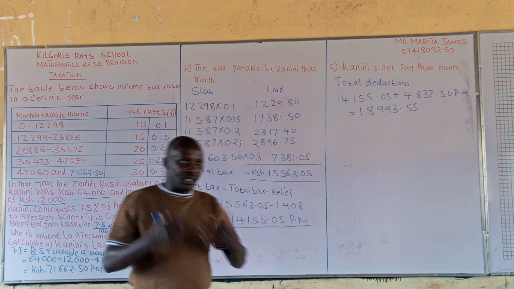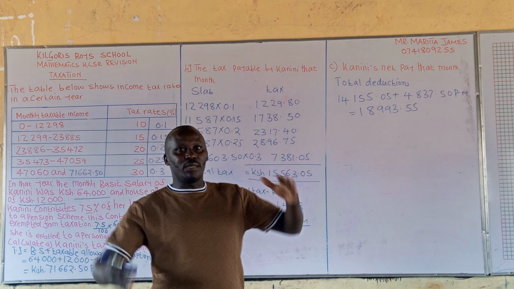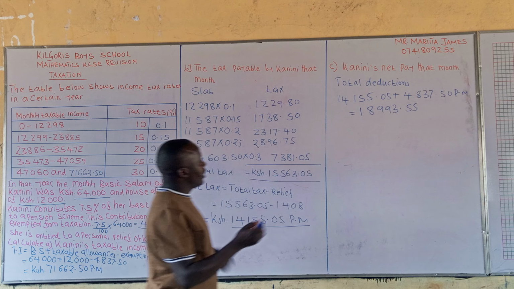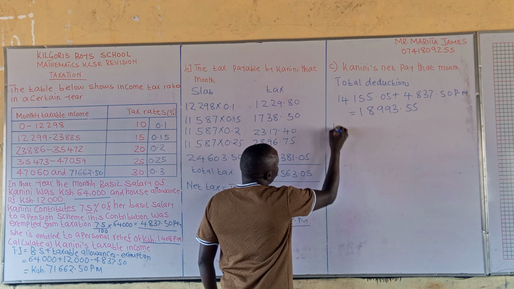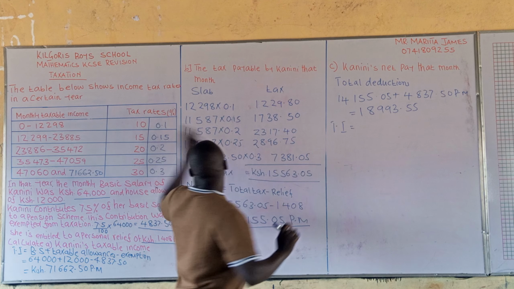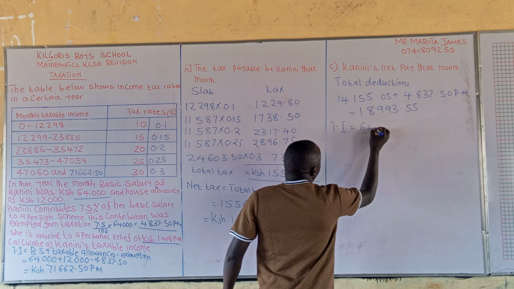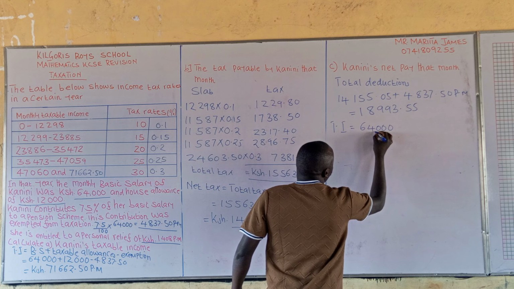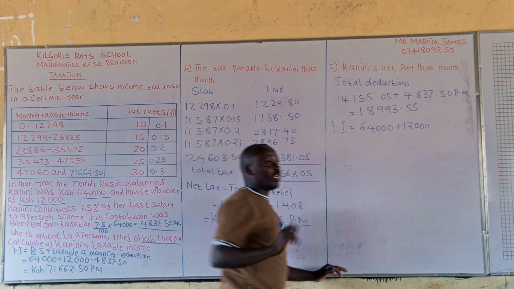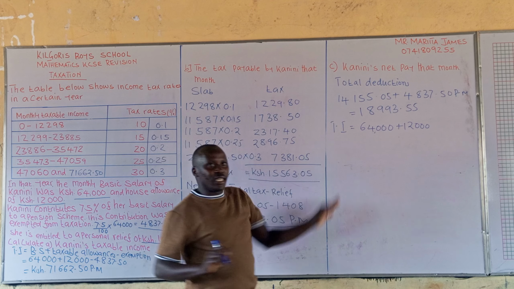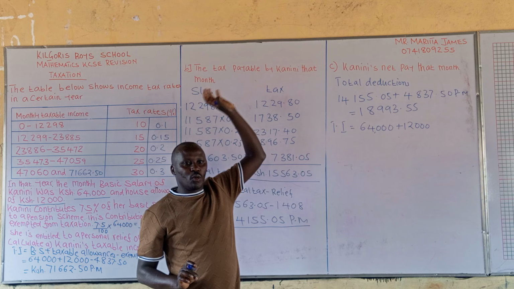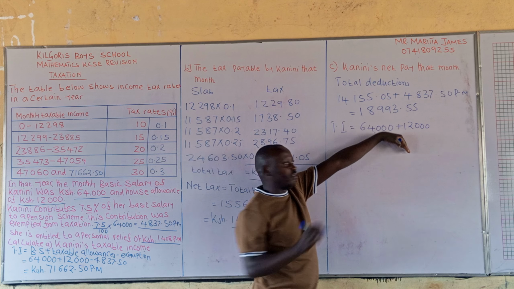And remember this taxable income, there is an amount which has been exempted from taxation. So to get rid of that, we have the taxable income without an exemption. That one is equivalent to 64,000 plus a house allowance of 12,000, and that one will give the taxable income without an exemption of 76,500.